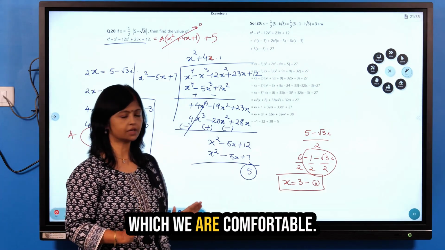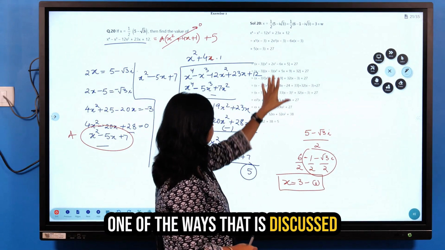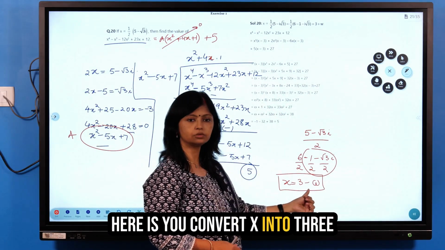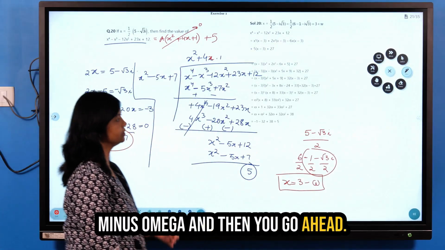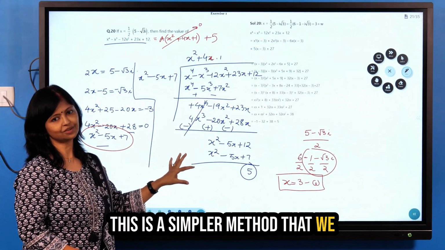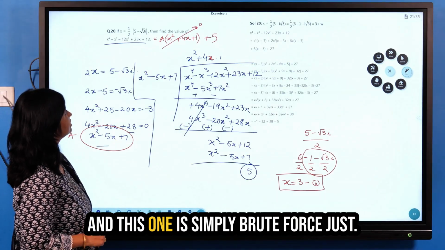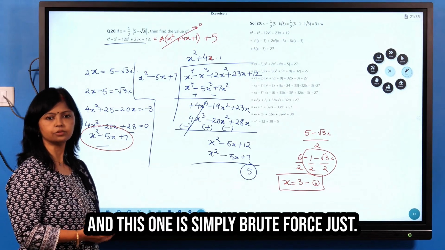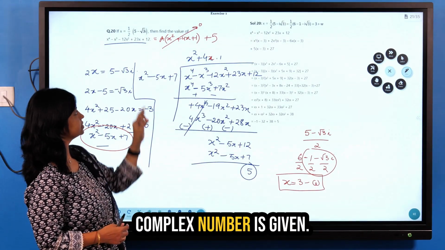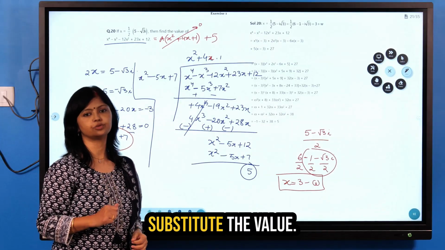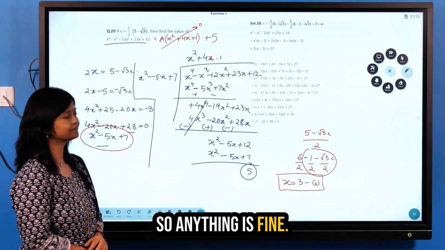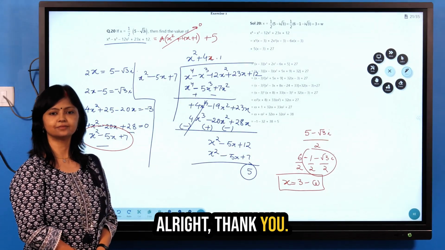There are many ways we are comfortable with. One is to convert x into 3 minus omega and go ahead. This is a simpler method that we have been doing since 9th standard, and this one is simply brute force: find its powers and substitute the value. So anything is fine. All right. Thank you.